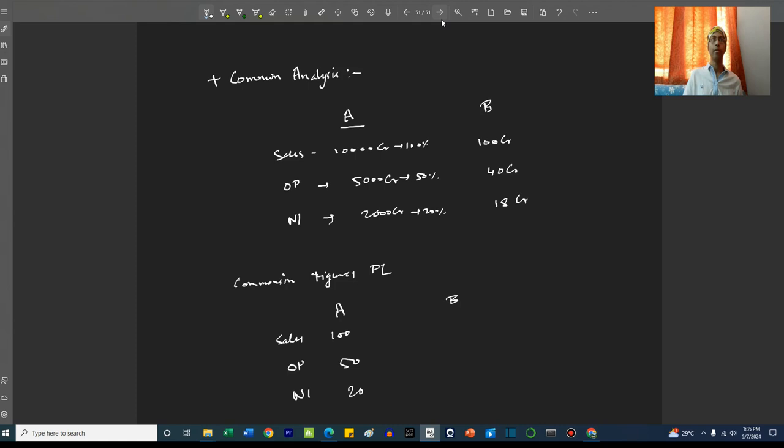For B, if you divide 100 by 100, it gives you 100%, 40 by 100 gives you 40%, and 18 by 100 gives you 18%. So now these numbers are much more comparable, much easier to comprehend when they are together. So this is something called common size analysis.